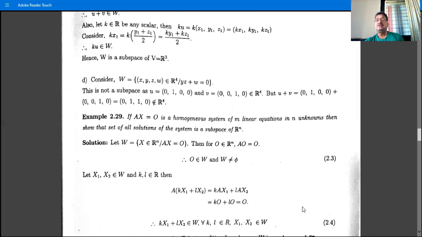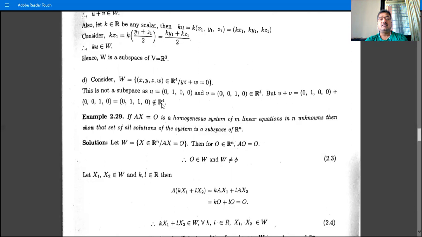But what is their addition? u plus v is (0, 1, 0, 0) plus (0, 0, 1, 0), which is equal to 0 plus 0 is 0, then 1 plus 0 is 1, and 0 plus 1 is 1, and 0 plus 0 is 0. That is the addition of the corresponding components, the usual addition.